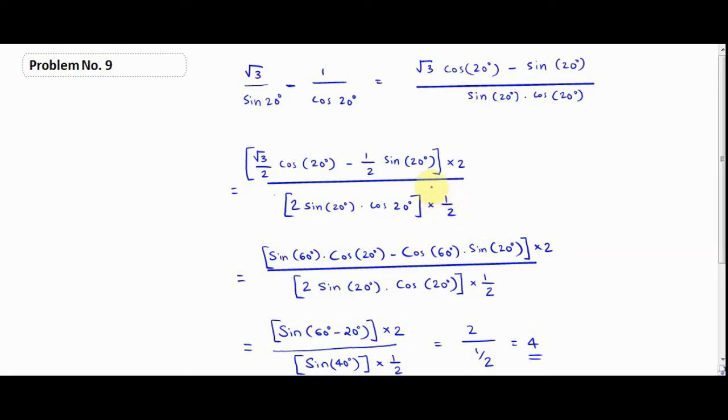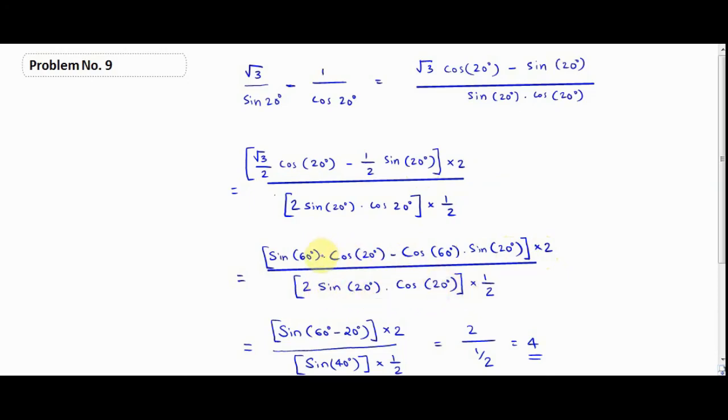Now root 3 by 2 may be replaced as sine 60 degree, and this 1 by 2 may be replaced as cos 60 degree. So the numerator becomes sine 60 degree into cos 20 degree minus cos 60 degree into sine 20 degree, that into 2, and the denominator remains the same.